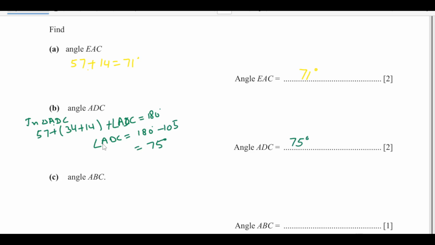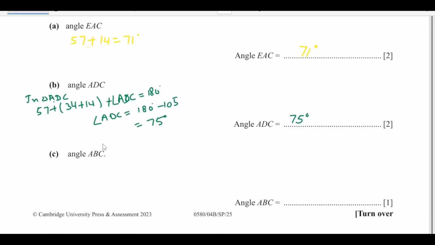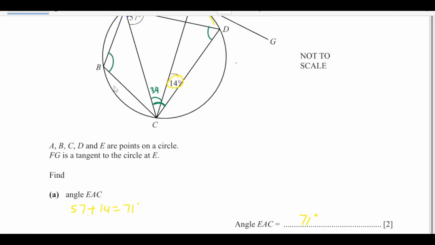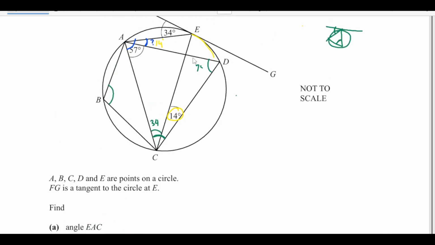Okay. Now part C, angle ABC. Now we are looking for angle ABC, this angle here. We have already found angle ADC. ADC was 75. Let me write down 75 here. Now this angle ABC and angle ADC, the ones that I have ticked here, are supplementary because they are opposite angles of quadrilateral ABCD, which is inside the circle.